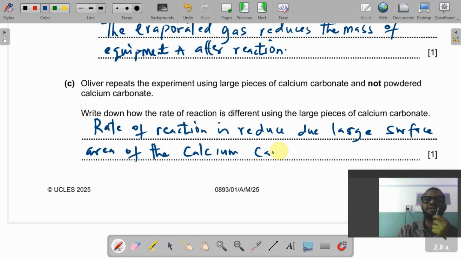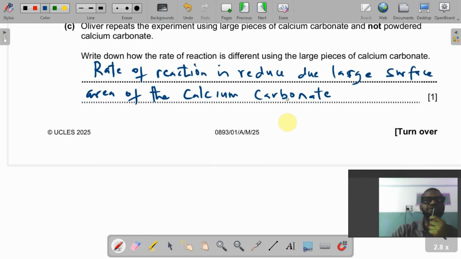So when it's a powder, the rate of chemical reaction will increase. But when it's a large lump of calcium carbonate, the rate of chemical reaction is reduced.